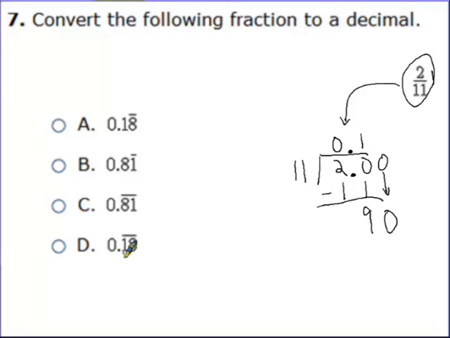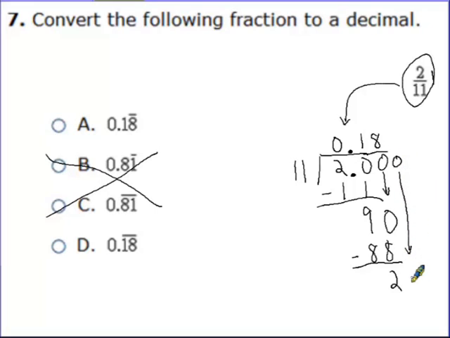And look, this is 0.1 something, 0.1 something, but it can't be B or C, because that says 0.8. We know that's not the answer. So 11 will go into 90 8 times. 8 times 11 is 88. 90 minus 88 is 2. There's a difference of 2 there. Add a 0. Bring it down.